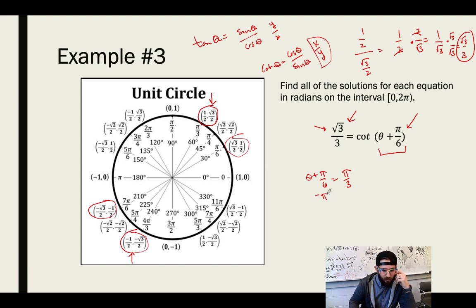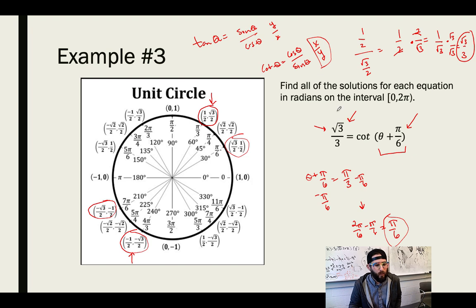So in order to solve for theta, we subtract that pi over 6. Now we can't subtract these just yet because we need the same denominator. So if we multiply pi over 3 by 2 over 2, it gives us 2 pi over 6 minus pi over 6, which yields a difference of pi over 6.